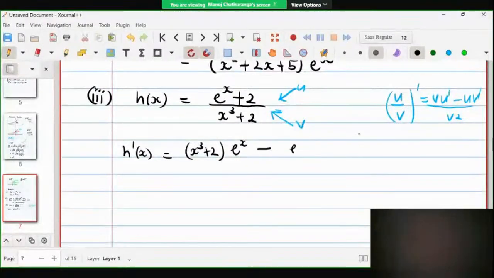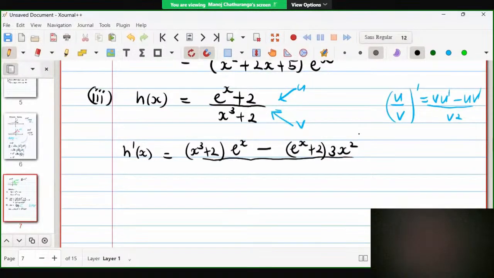Minus e to the power x plus 2 times the derivative of x to the third power plus 2. That will just be 3x squared. Divide the whole thing by x to the third power plus 2, squared. This is what you should have. This is the derivative of this quotient involving e to the power x. You could have e to the power x in both numerator and denominator, but that's okay.